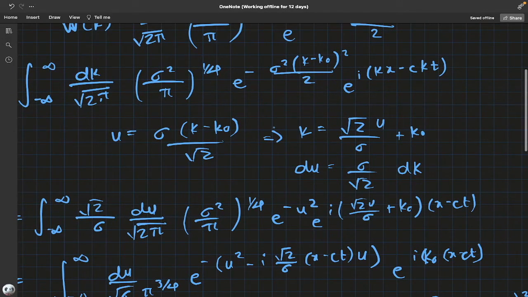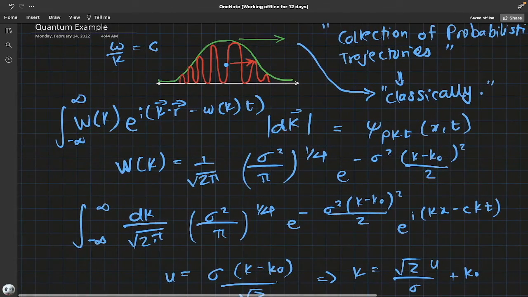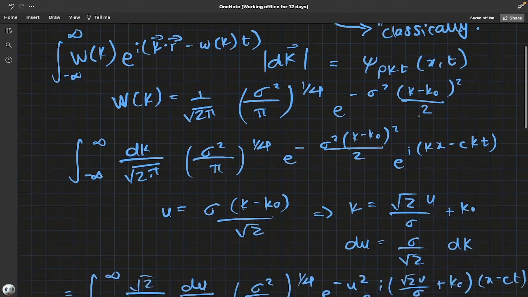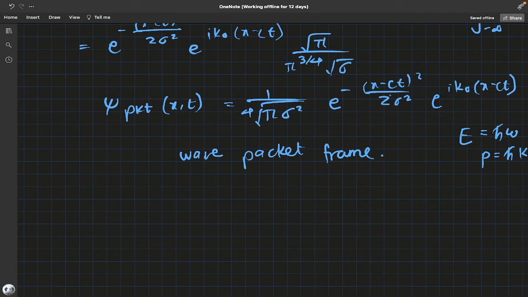you're going to notice that what we started with was a Gaussian in the k space, because now we're setting k naught to 0, so we just have k squared. Which becomes a Gaussian in this wave packet frame. So the Gaussian becomes a Gaussian over the transformation.